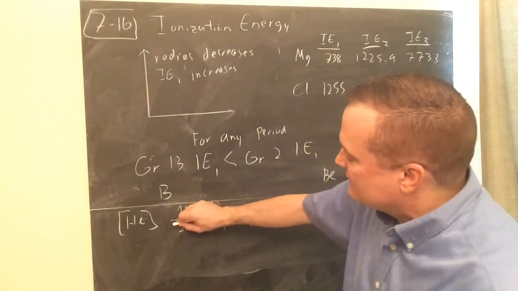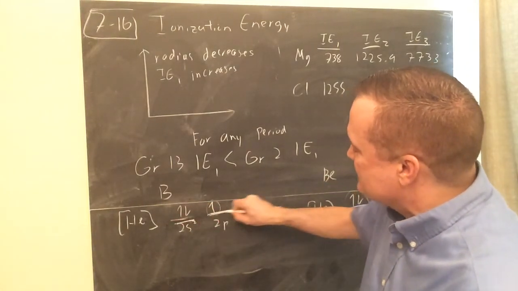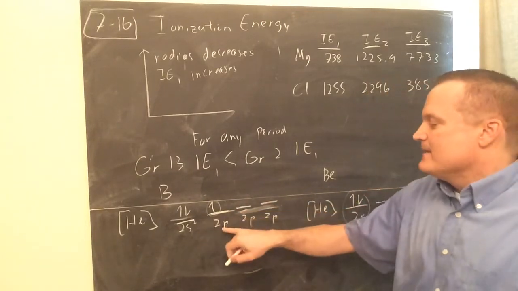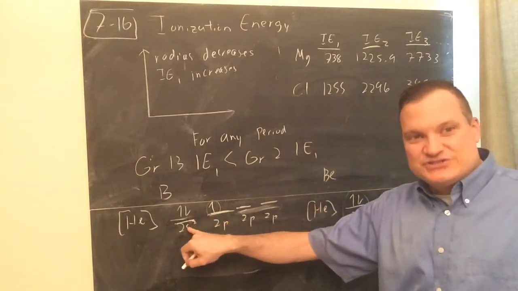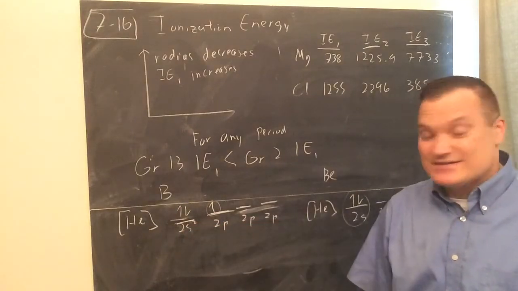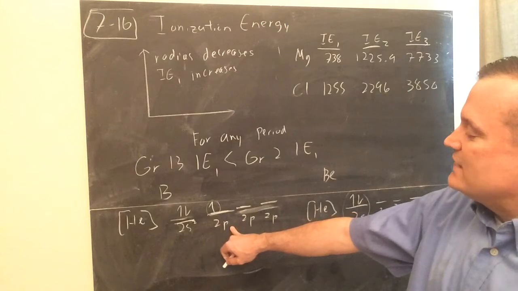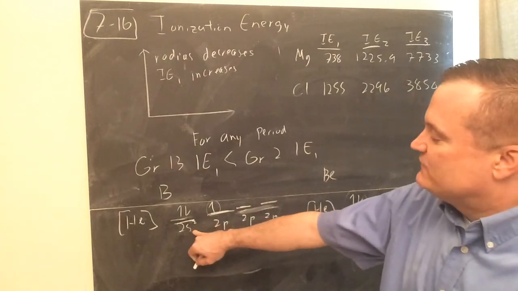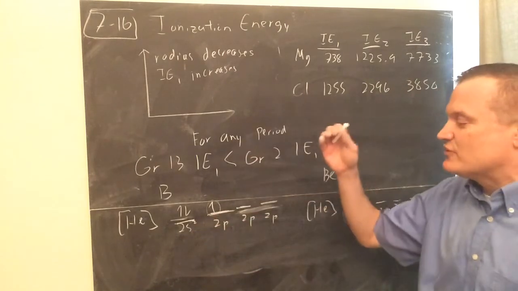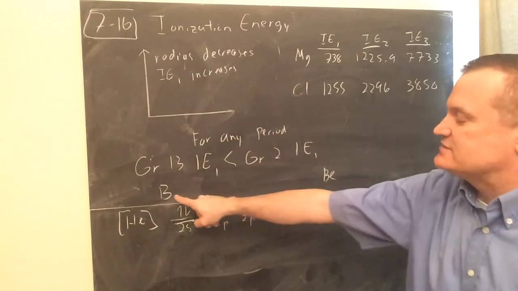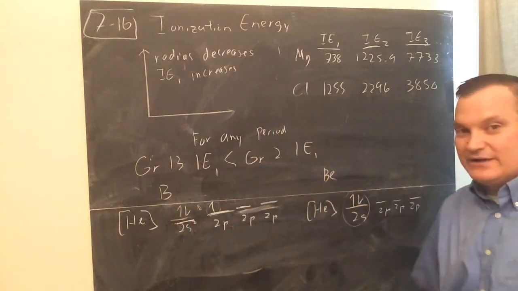Sometimes they draw it with a little bit higher staircase to show the 2p's. Anyway, this electron is shielded by the full 2s. Because the 2p1 electron of boron is shielded by the 2s2 full electrons, it is easier to remove, because it's being repelled. It's easier to remove, so it has a lower first ionization energy than beryllium.